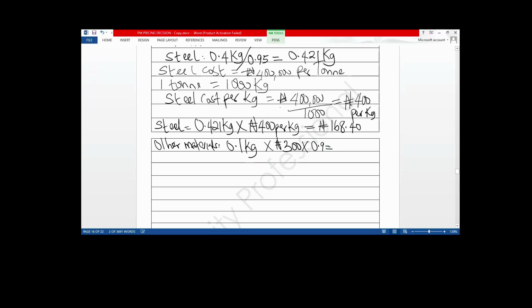What is the other material per unit? 27 naira per unit. No, multiply by the kg now. Yes, it's 27 naira.